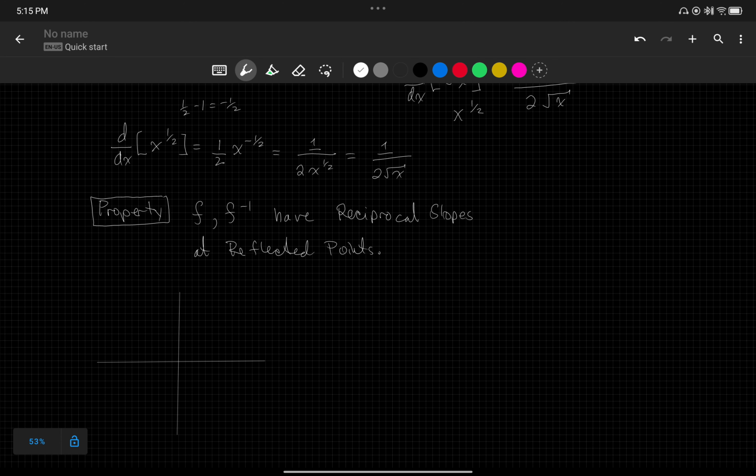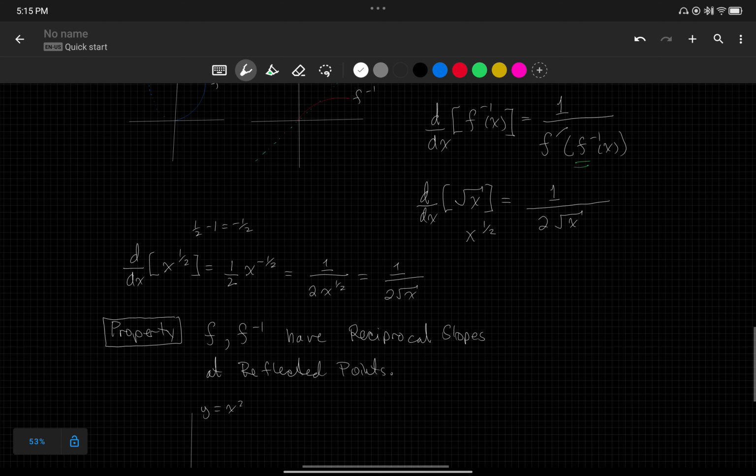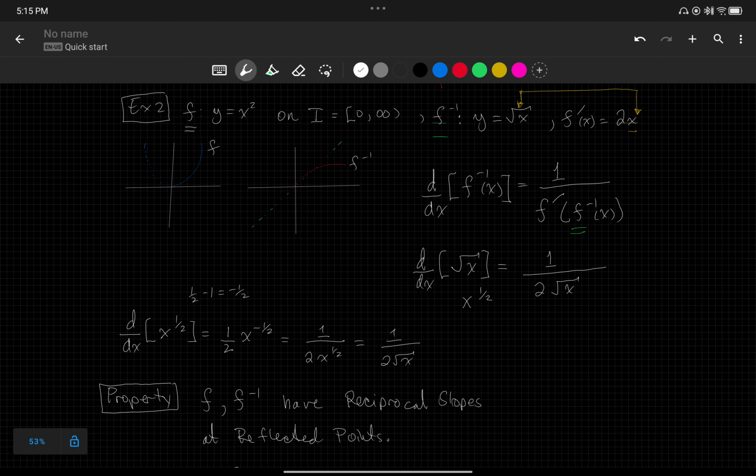So let's pick an x square. Y equals x square. And we know, let's do half of the parabola. So if we restricted the domain, so pretty much the same scenario right here. The blue graph and the red graph.